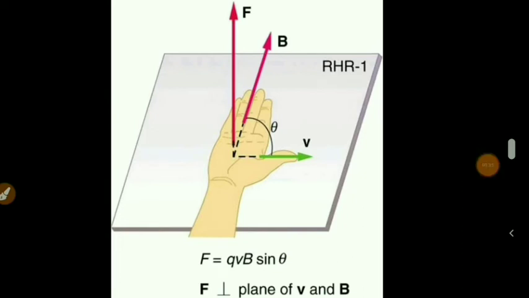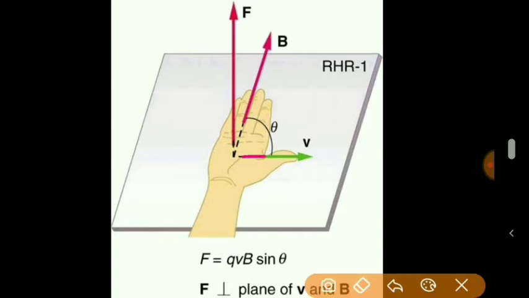This is the next method of using the right hand rule. Here you can see the velocity is along the thumb, then the magnetic field is towards the fingers when your right hand is open in this way, and so the force is coming out of the palm.